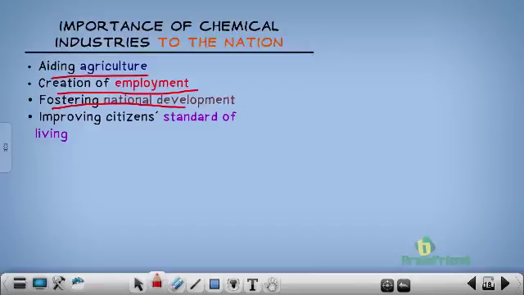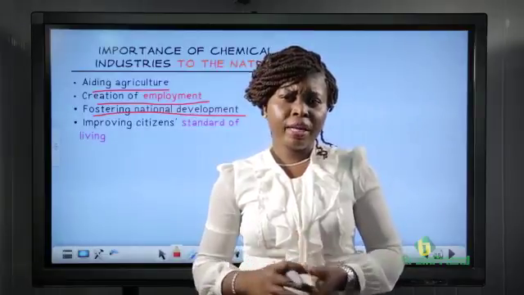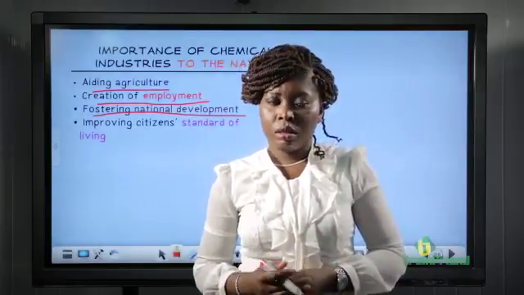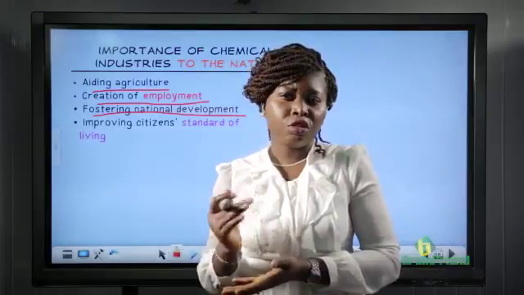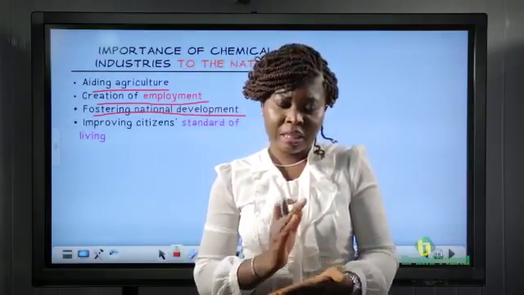Fostering national development. How do they do this? The varieties of chemical industries available pay taxes to the government. Also, individuals that work in these industries pay taxes to the government as well. And so, these taxes become a source of government revenue. Remember we mentioned that the heavy chemical industries produce chemicals that are used in the making of other chemicals.